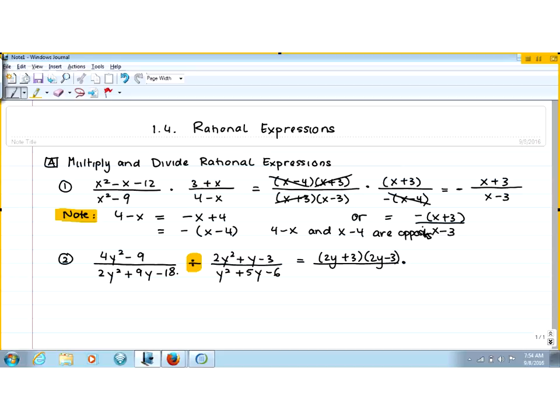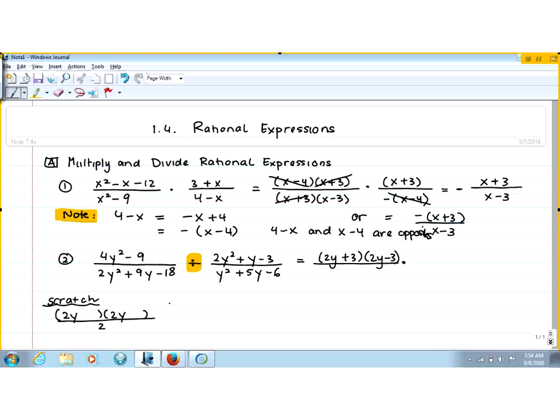Oh, now we're going to factor 2y squared plus 9y minus 18. I'm going to write it on my scratch. So how do we factor this? Do you remember? AC. So 2y times 2y, divided by 2.